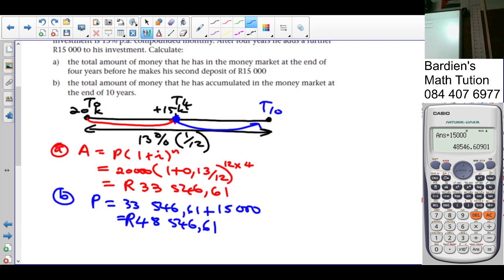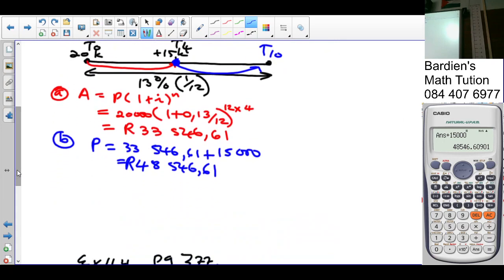Again, my second formula: A equals P, which is 48,546 rand and 61 cents, into 1 plus i, which is 0,13 over 12 to the exponent 12 times 6.